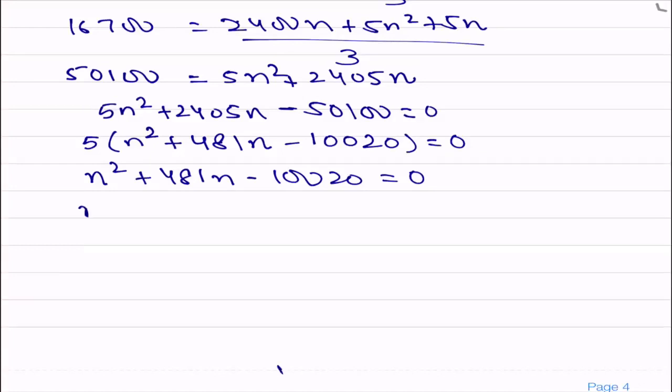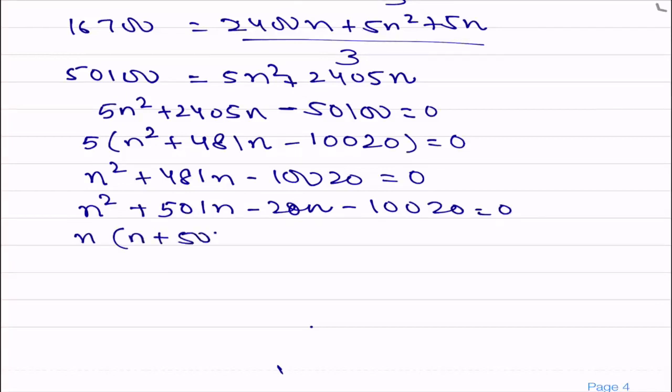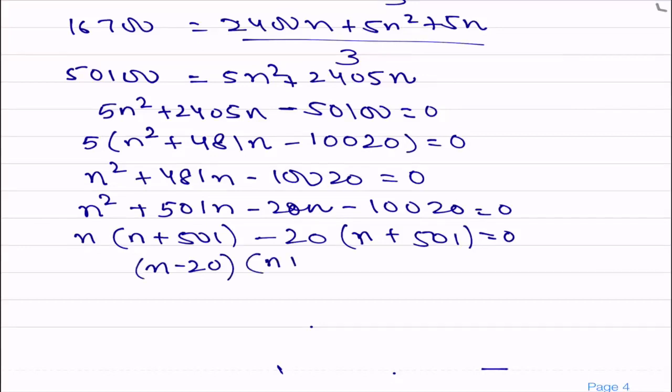Both the methods are correct, choice is yours. So I am using splitting of middle term. So when we take out the factors, they are 501n minus 20n. So again we will make the factors. Now we can see 20 is common in the last two terms. So the factors are n minus 20 and n plus 501 equals 0.